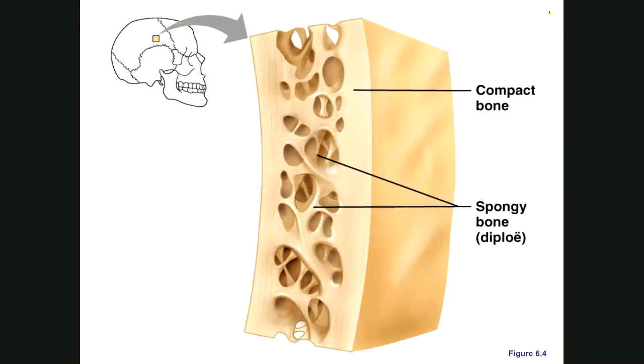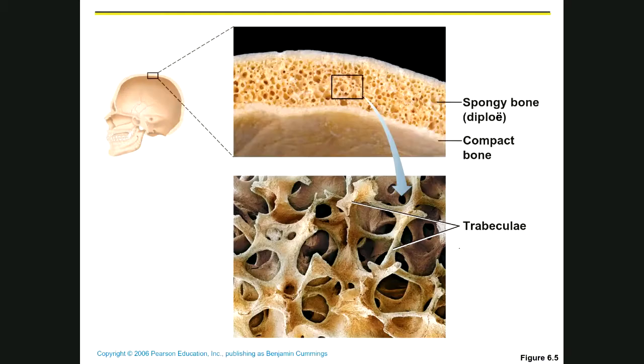No, Zoe, this is not a long bone. This is a flat bone. So flat bones, short bones, irregular bones, they're similar to the end of a long bone, the epiphysis. Because remember, the epiphysis looks like this. You have a little layer of dense bone, and then you have spongy bone in here.